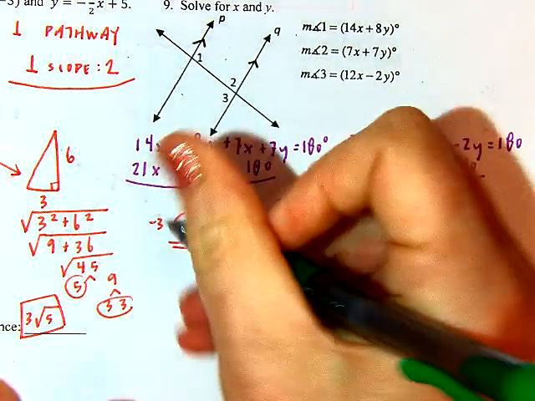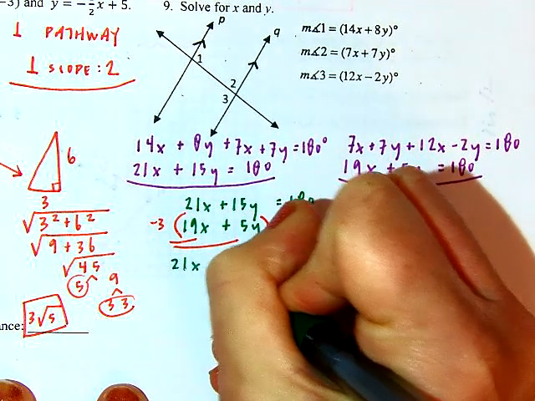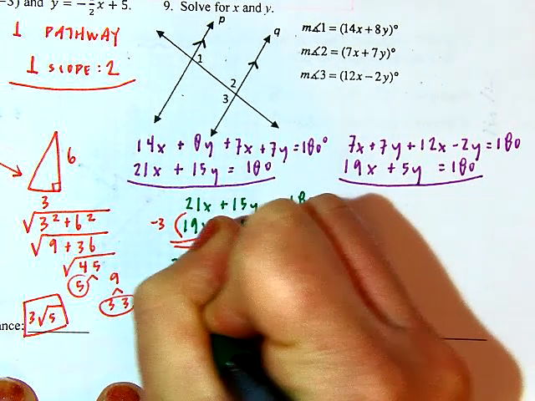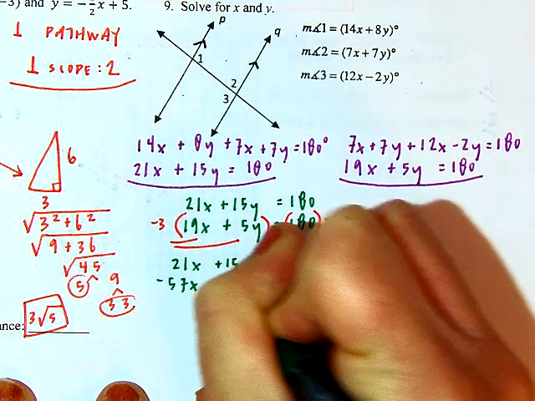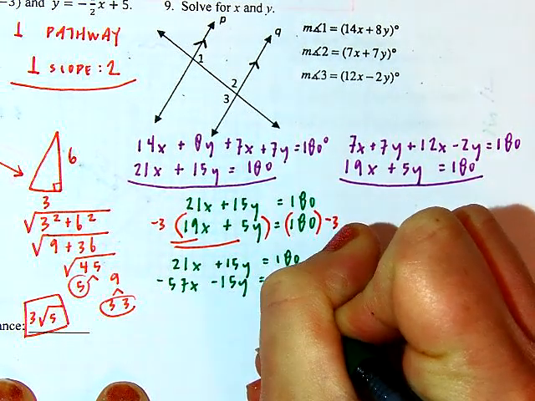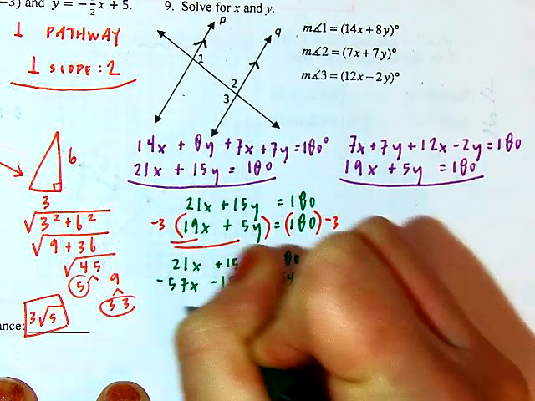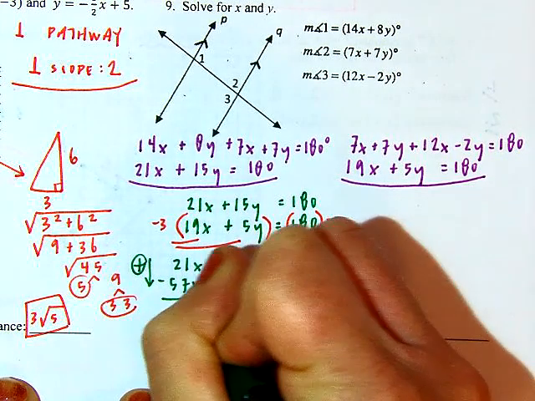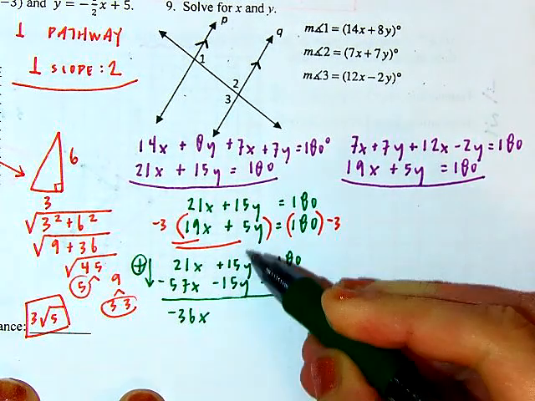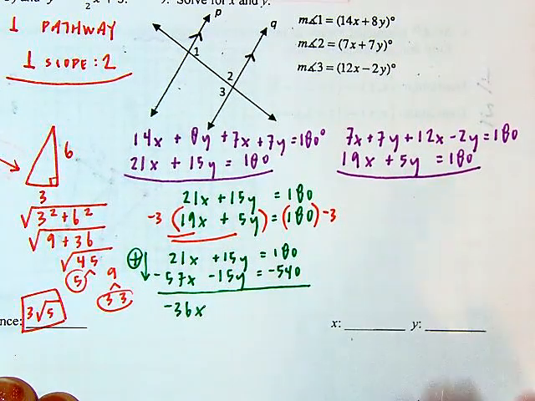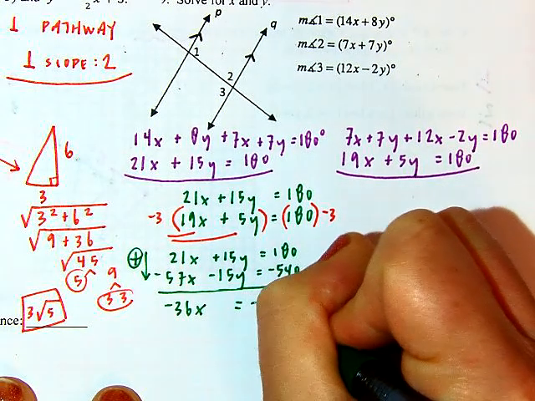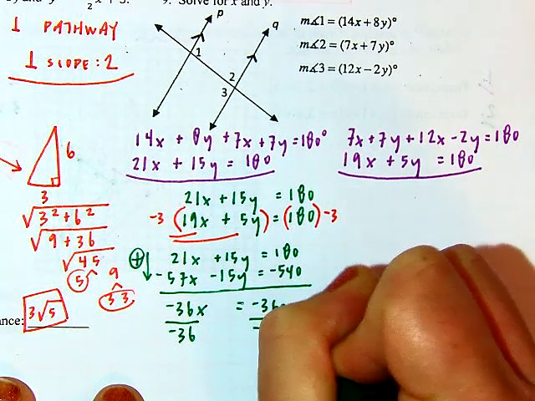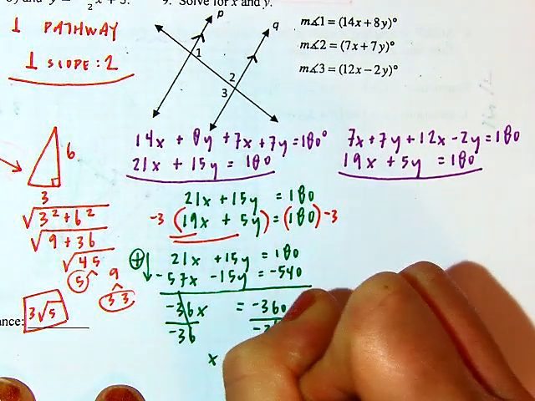Now I have 21x plus 15y equal to 180, and then -57x minus 15y equal to -540. I'm ready to add down, and I get -36x. The y's clear to 0, since they're opposites, equal to -360. Dividing by -36, we get that x is 10.